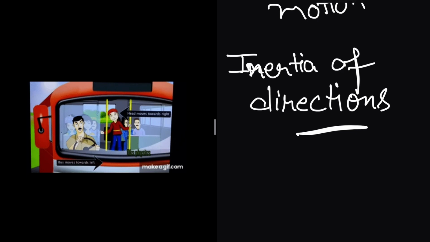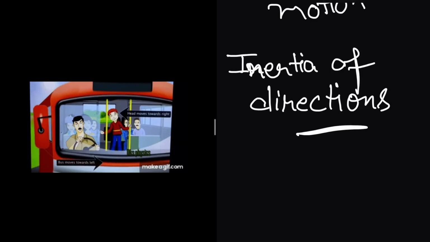This is the third part. What is the third type of inertia? Inertia of direction. What is this inertia of direction? It states that a body wants to remain in and attain its original direction, the inability of a body to change by itself its direction of motion.